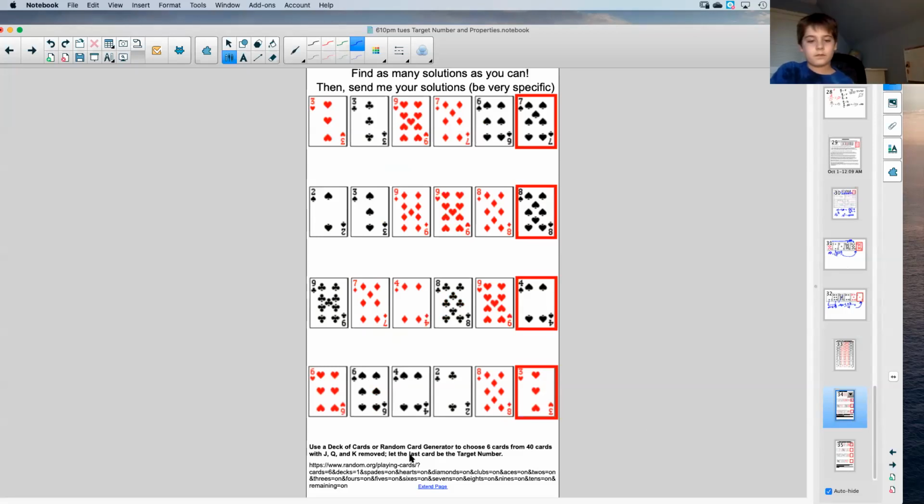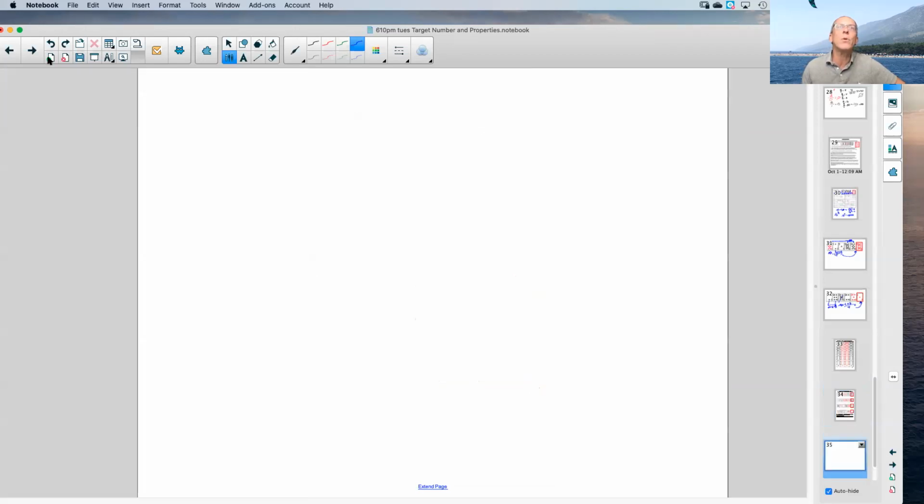Can you see the random.org at the bottom? If you can't copy that, then you can just create your own. I want you guys to have a lot of fun this week.